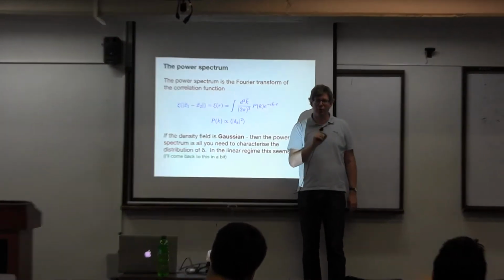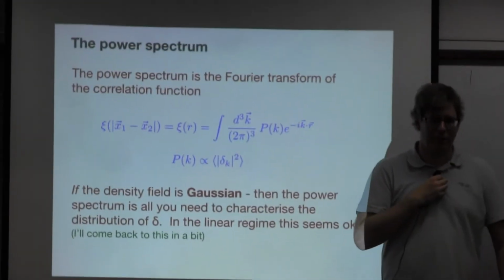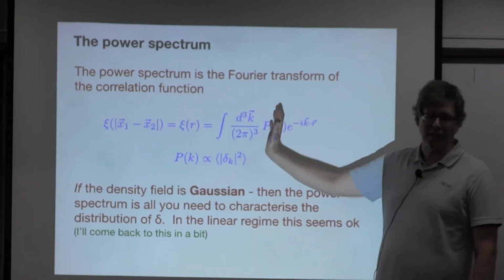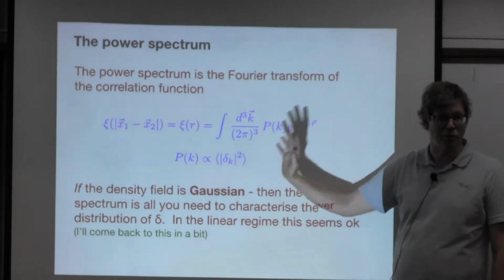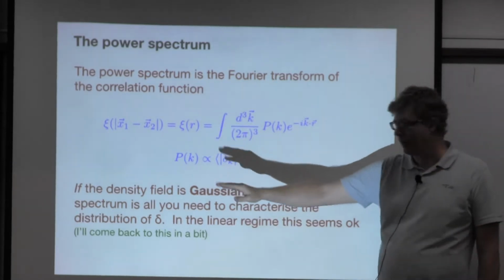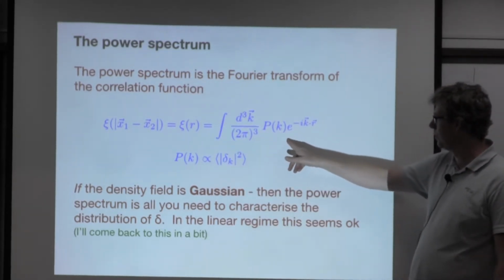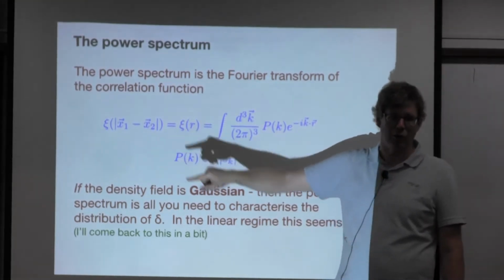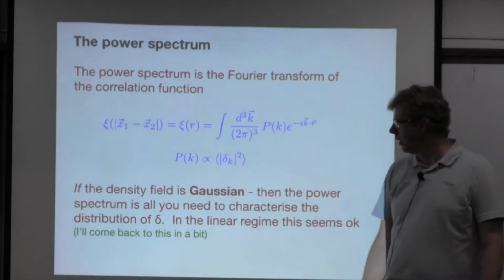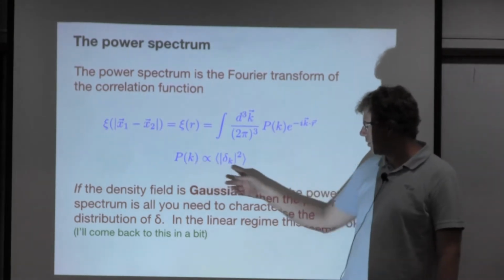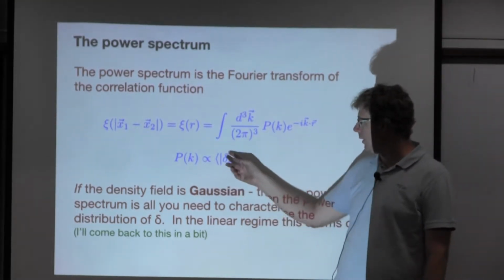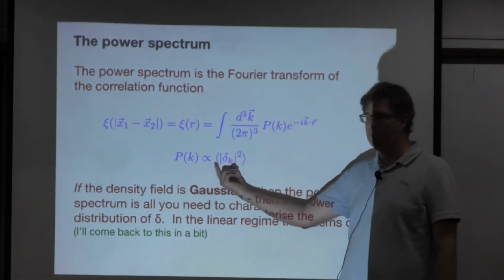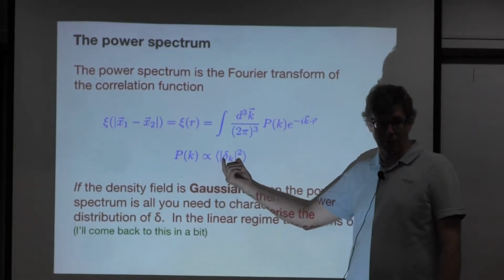And I'm not going to go through details of it very much. It's defined in this way. You might just take my word for it. This is a Fourier transform. And it is the Fourier transform of this function that correlates things. And it actually turns out that it's also the same as the amount of power in these perturbations.